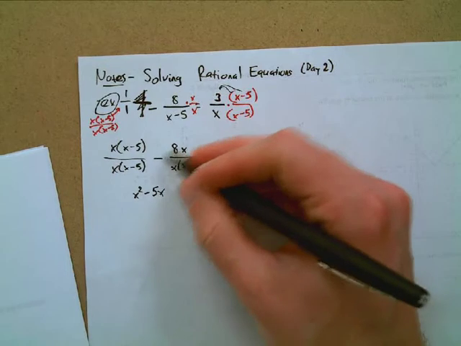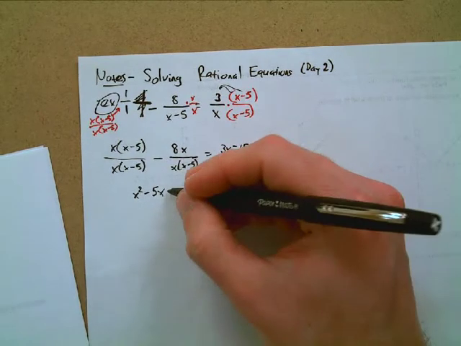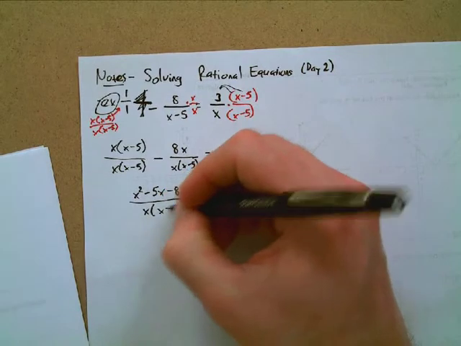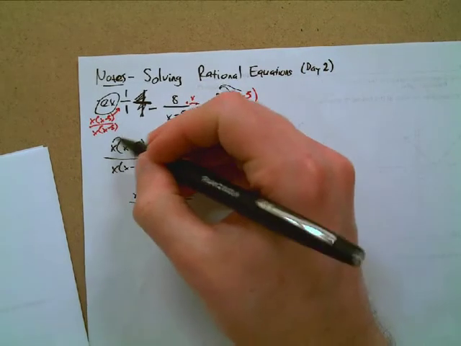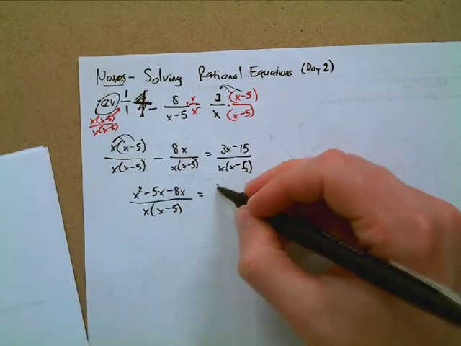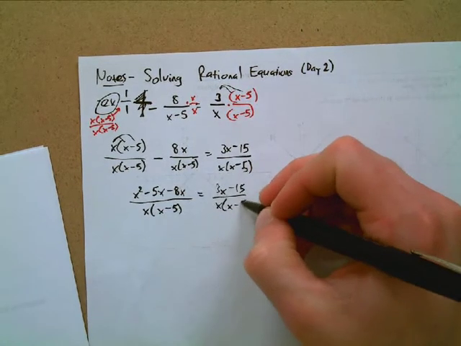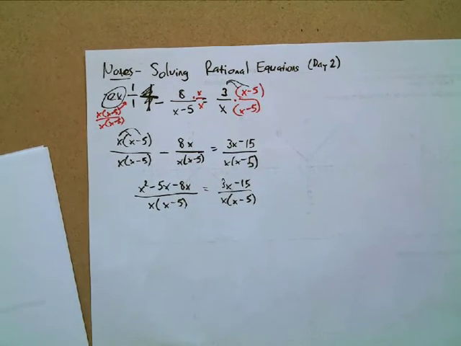That minus distributes to the 8, so it's minus 8x all over x times x minus 5. So again, I just distributed there. Okay, just like that. And again, I can put the minus 5x and the minus 8x together. I will do that here in a second.